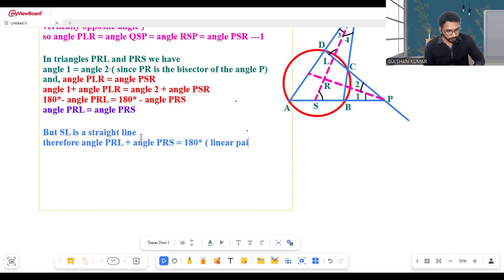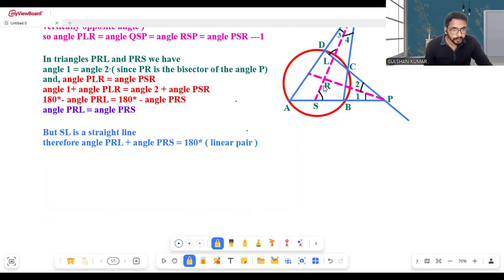Due to the linear pair, both the angles form 180 degrees. I can mention here, this angle will form 180 degrees.